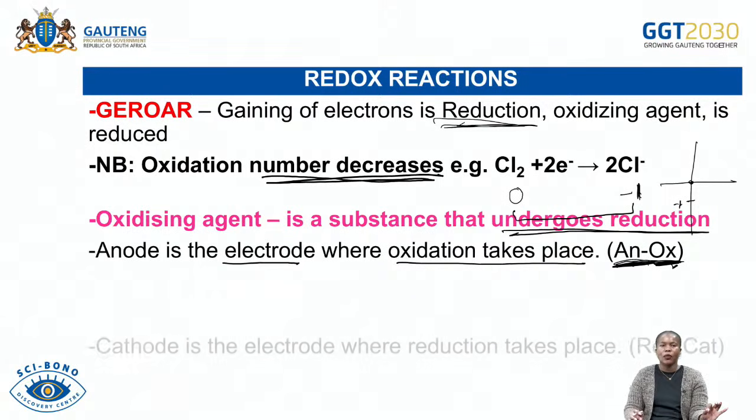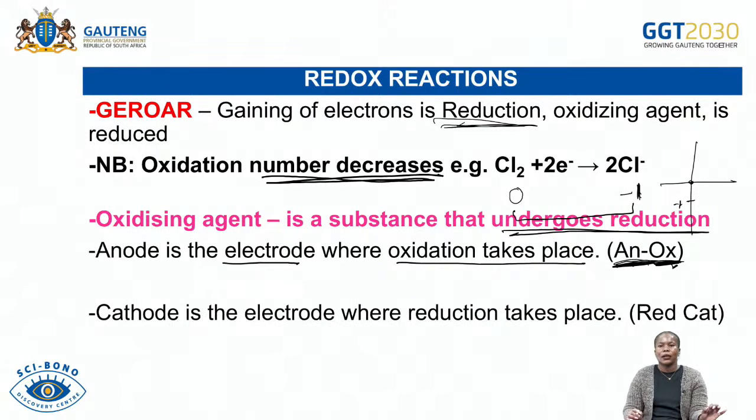Okay. And then we've got the red cat. Now, red cat, this red stands for reduction. It happens where? In the cathode. Okay. So, anode as well as the cathode, these are the two electrodes where oxidation happens, and where the reduction happens.